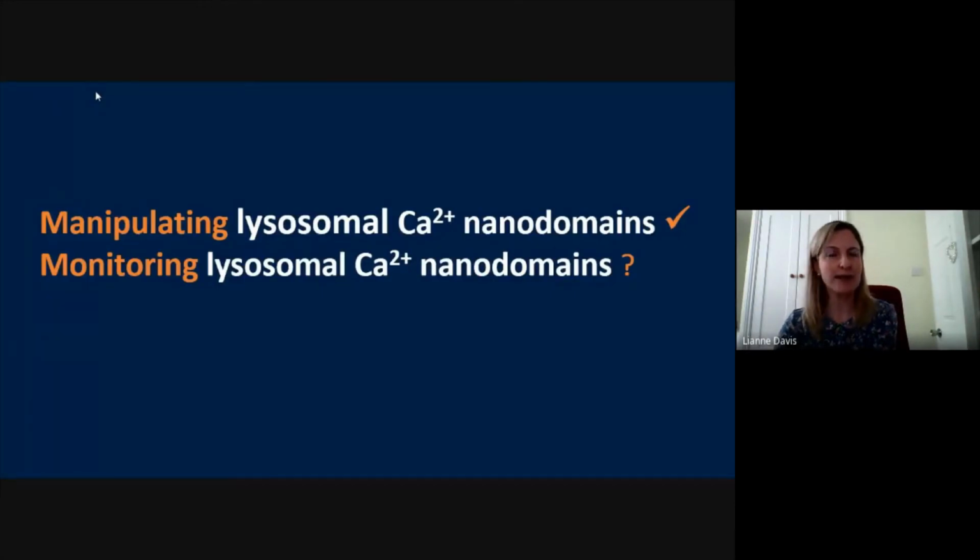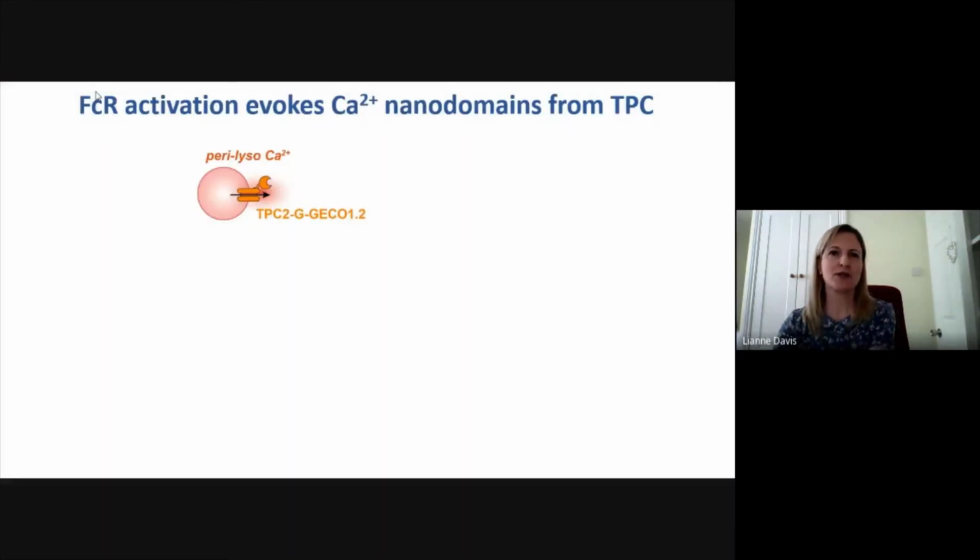So I've shown you we can manipulate the lysosomal calcium domains, but can we also monitor them? Because lysosomal calcium domains are invisible in global recordings, we fused genetically encoded calcium indicators, GECIs, to the channels themselves to see if we could detect locally high domains immediately around them.